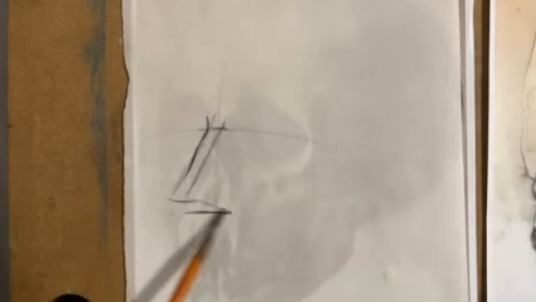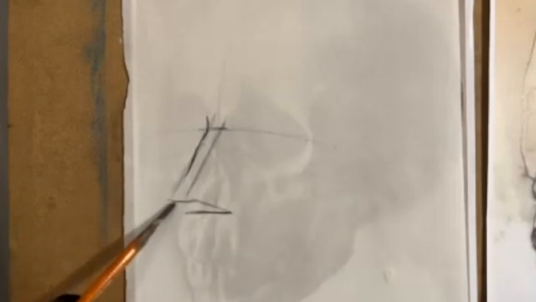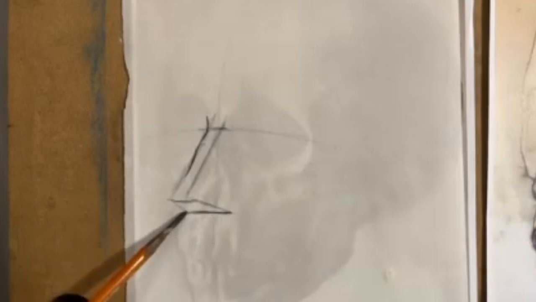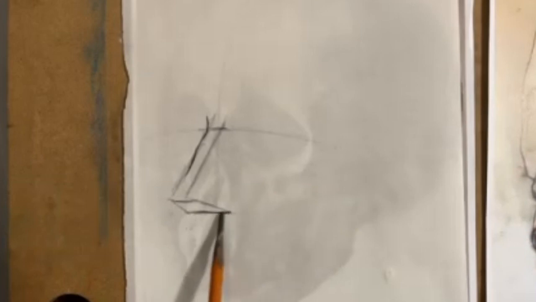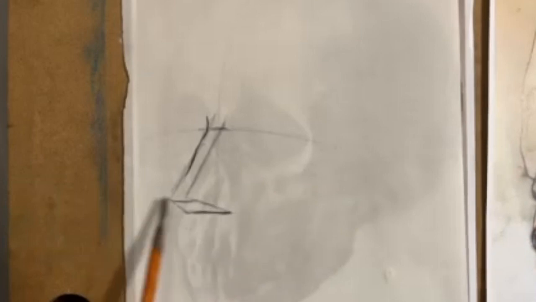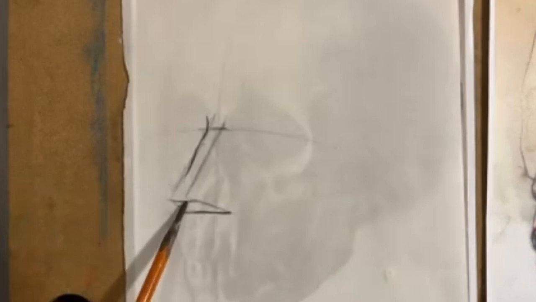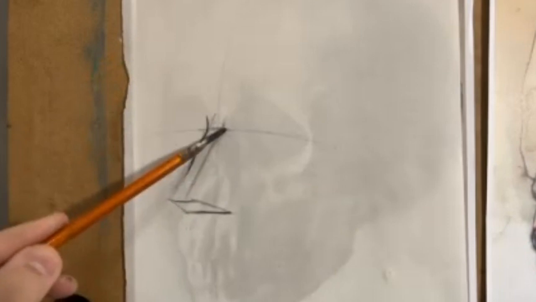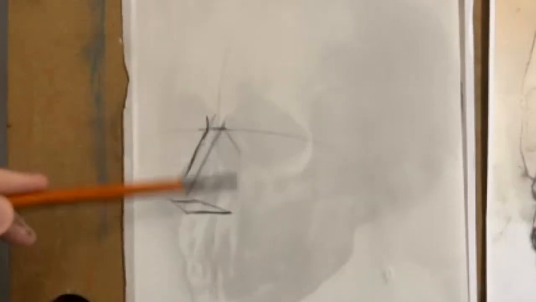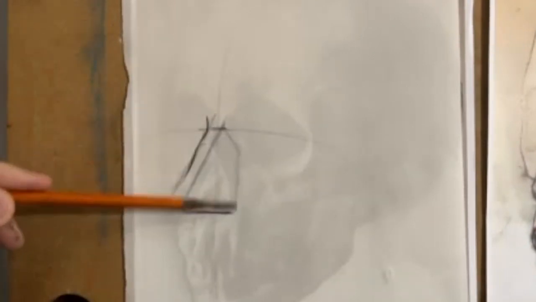So then what I can end up doing is dropping this whole thing down into a bottom plane here. All right, so we can see the base of the nose, we come a little bit above that. That's the division between front plane and bottom plane. And we already have the space worked out for our side plane.